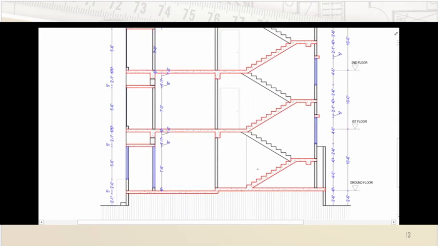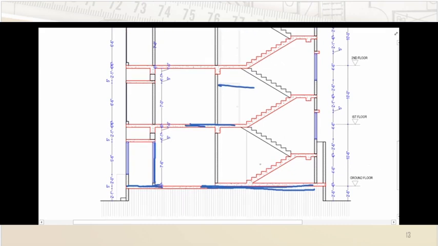So if you see, this is a typical floor, ground floor. For any floor, from this floor height we start any opening, say doors like this or this.